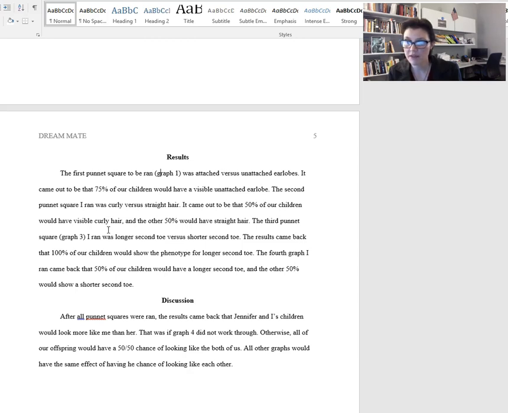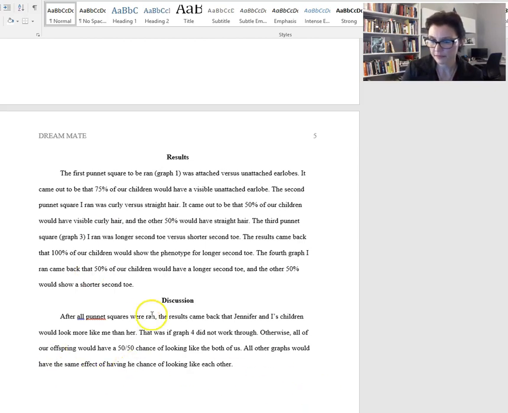The fourth graph, talk about what the difference is about those 2 graphs too. Had a 50% chance of a longer second toe, and then talk about the fact that what you're looking at, and so then averaging those 2 Punnett squares together, 75-25 is what I would do.